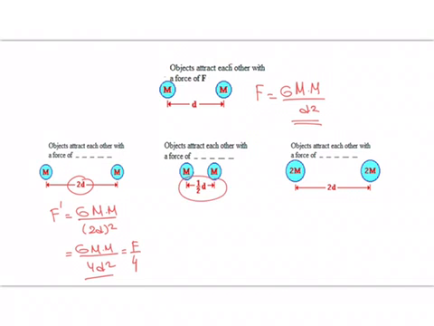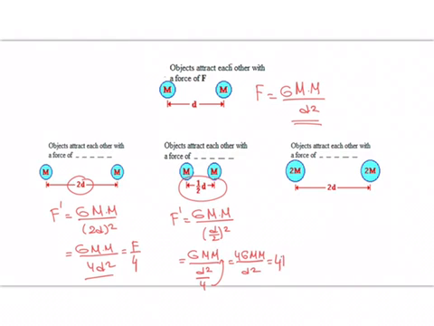Now here the distance decreased by 2, so my new force will be equal to Gm over (d over 2) squared, which is equal to Gm over d squared over 4. 4 goes up, so it is equal to 4Gm over d squared. So this value is 4 times the initial one.